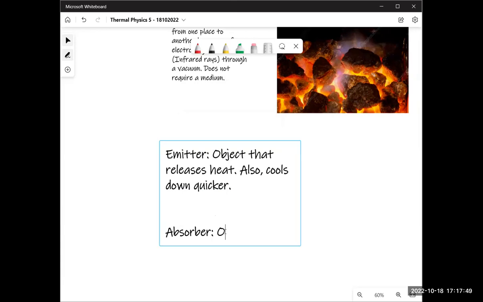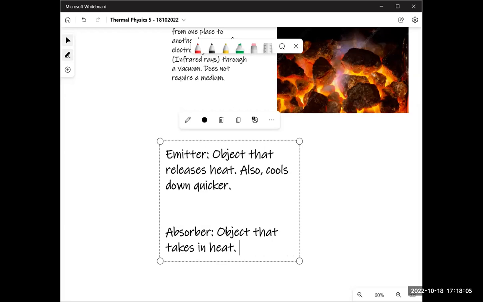Absorber is an object that, let's say, takes in heat. Also heats up quicker.